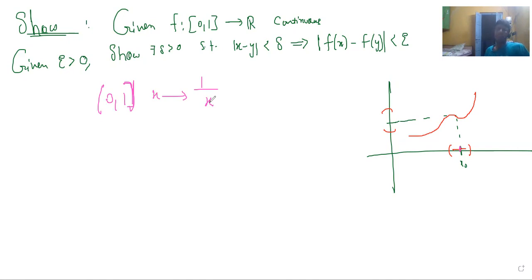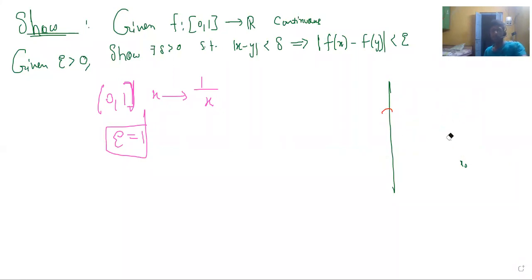But you won't get a smallest delta because as you go close to 0, even if you put epsilon equal to 1, now find the smallest delta. It does not exist. Does everybody see that? So that's why the closed interval has very rich properties, which are not well understood.